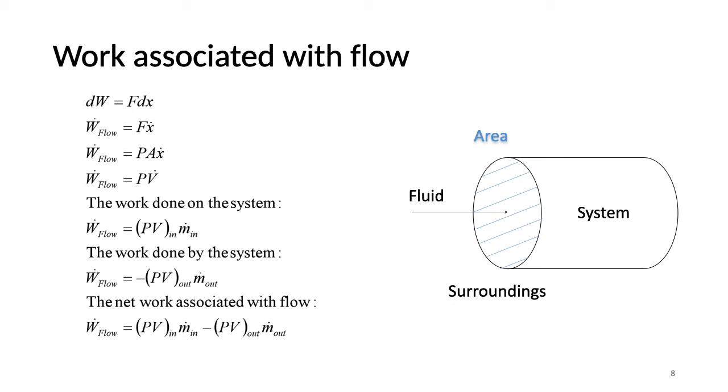X dot is the velocity of the fluid and velocity times the cross-sectional area is equal to V dot, which is the volumetric flow rate. As we are dealing with mass flow rates, we can write V dot as mass flow rate times mass specific volume. Remember that P and V need to be specified where it crosses the boundary of the system. When fluid flows out of the system, the work is done on the surroundings and the work interaction of the system is negative. The net flow work is given by the difference between these two terms.